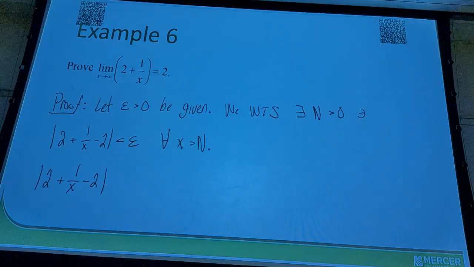Well, isn't that just the absolute value of 1 over x? Which is 1 over the absolute value of x? Has to be less than 1 over n.